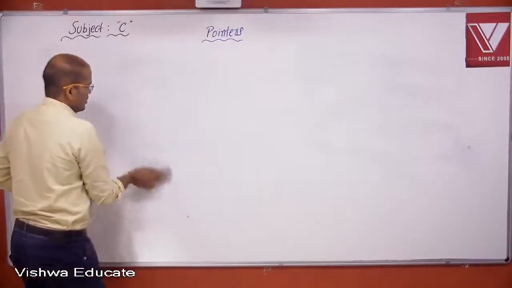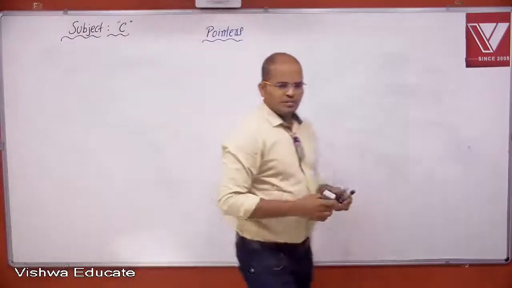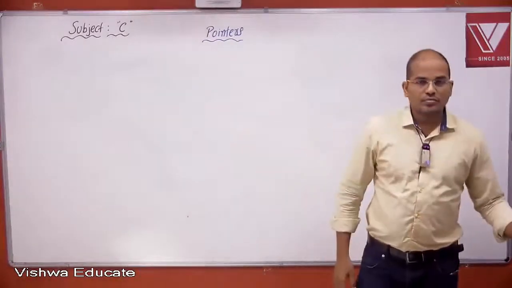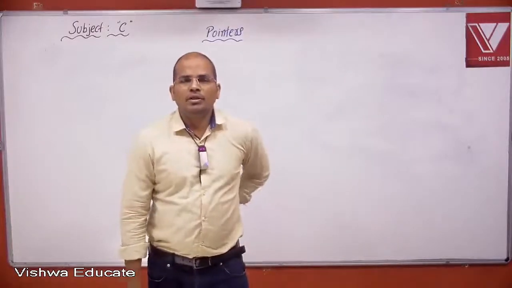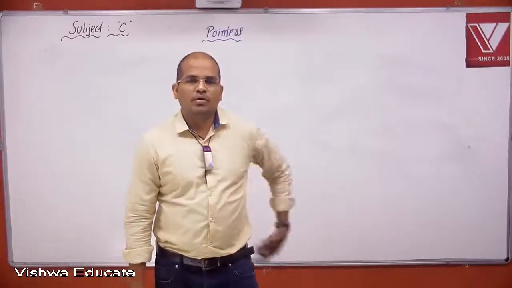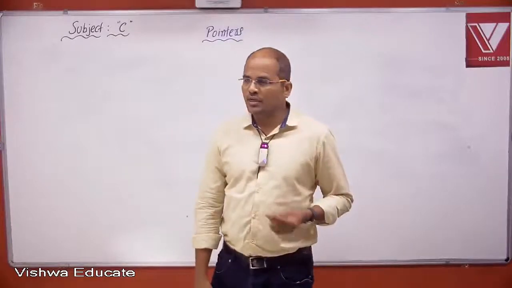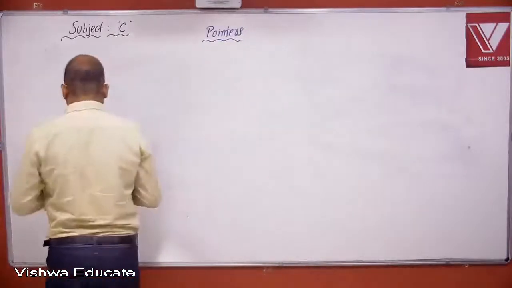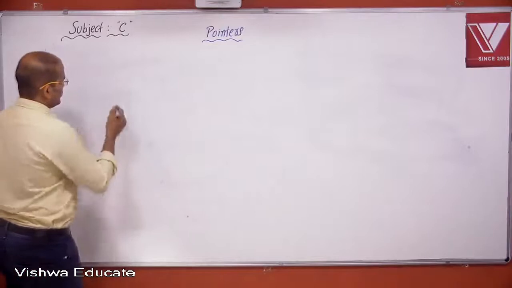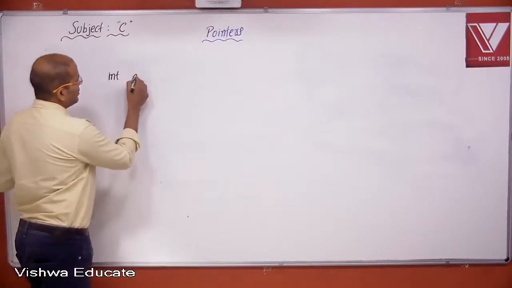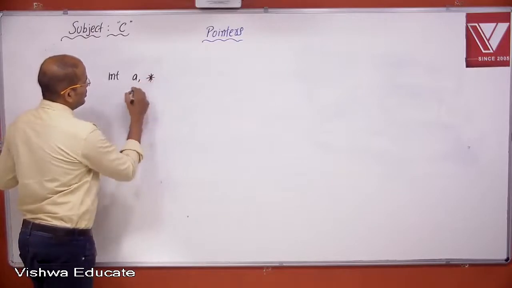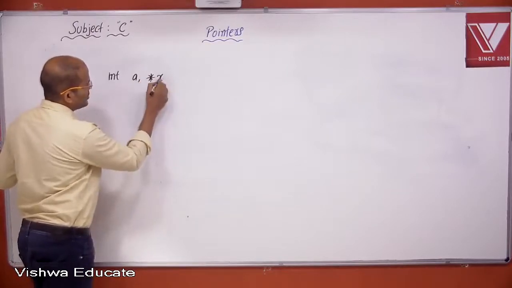Now, let us go back to the first line. The first line says, a pointer is a variable that stores the address of another variable of its own type, isn't it? Now let us come back to that. I say int a, I get pointer x.